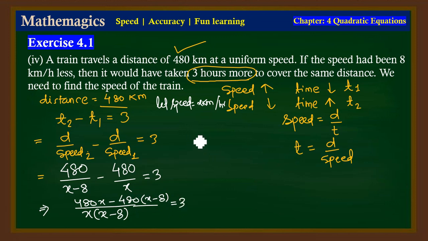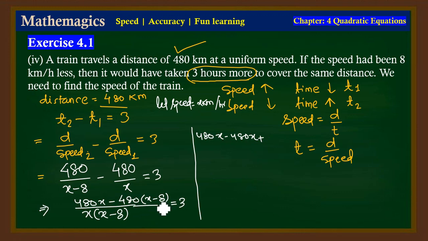So now the next step is 480x minus 480 into x becomes 480x, and minus becomes plus, and that becomes 480 into 8.